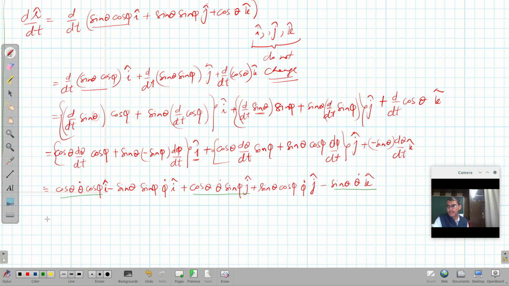So let us take theta dot common here, and inside it is cos of theta cos of phi i cap plus cos of theta sine of phi minus sine of theta.